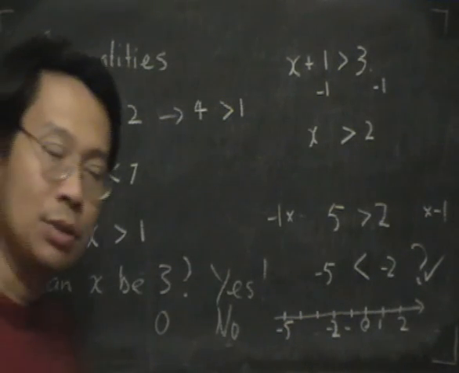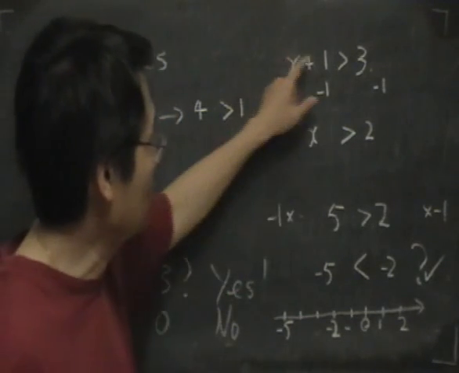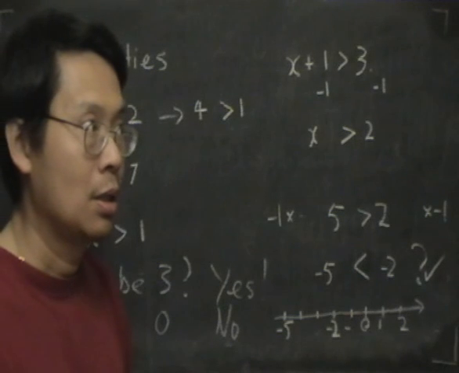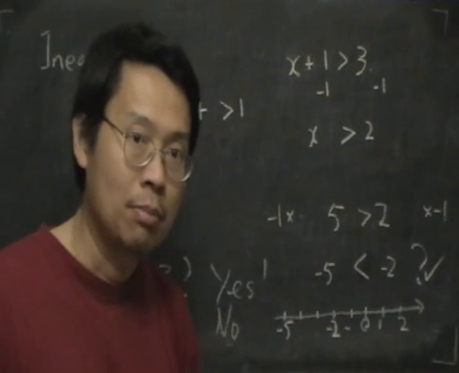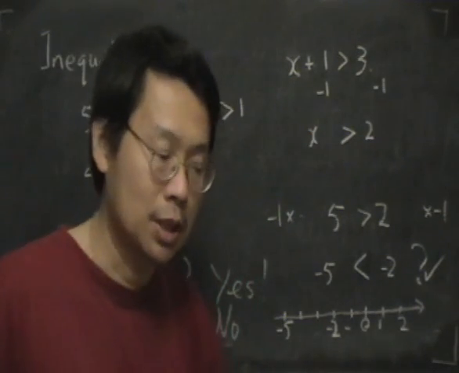So remember this, you can add or subtract the same numbers to both sides of an inequality. You can multiply by a positive number both sides of the inequality.